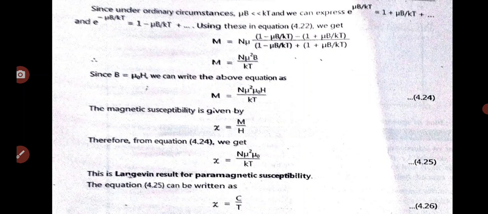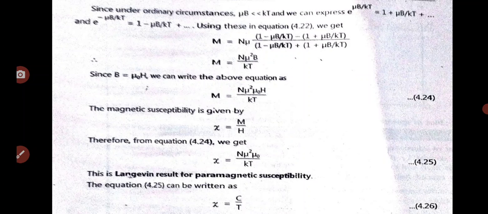The magnetic susceptibility is chi equal to M upon H. Putting the value from equation 4.24, chi is N mu squared mu naught divided by kT, as H cancels. This is the Langevin result for paramagnetic susceptibility.